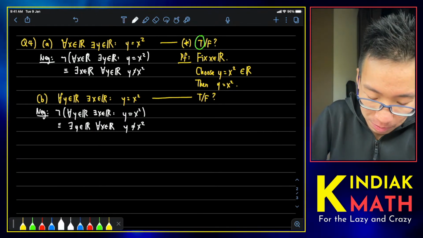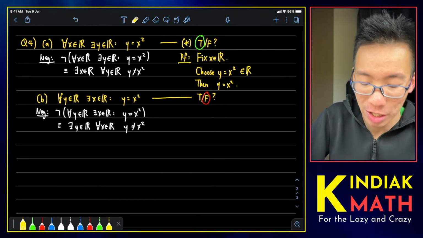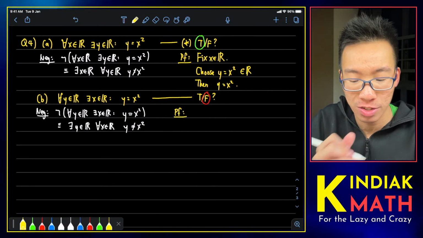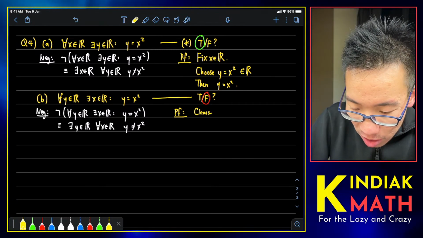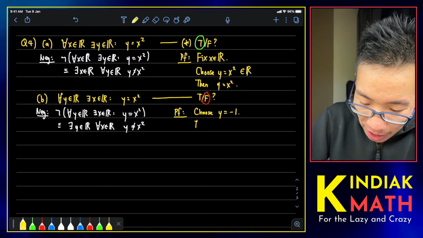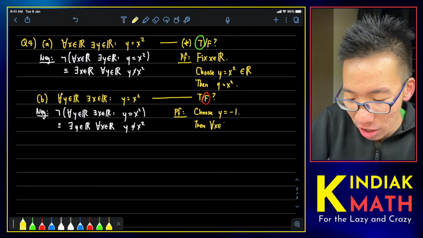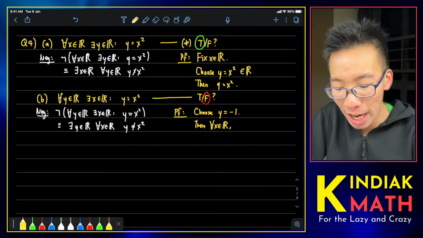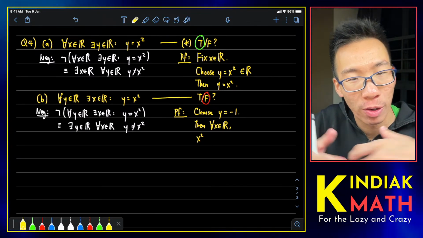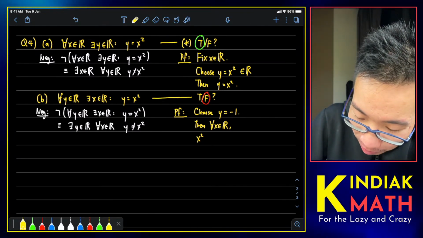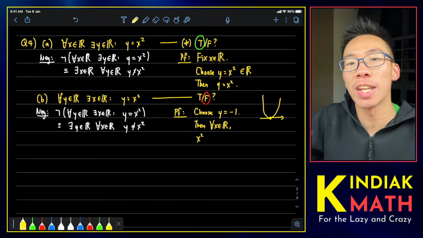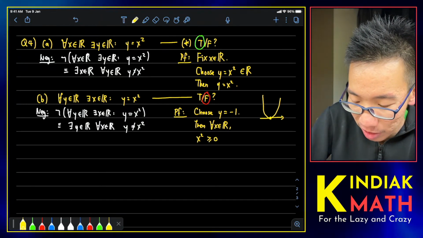And so, let's show that the original statement is false and prove that the negation is true. So how do we show that the negation is true? We will choose y equals -1. Then, for any x in R, what do we know about y? Well, x squared is the square of a real number. The square of a real number, we've briefly learned in times past, is always non-negative.